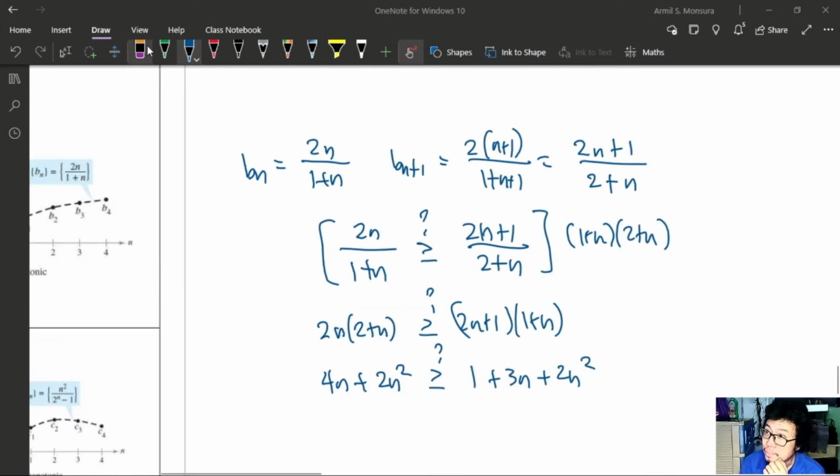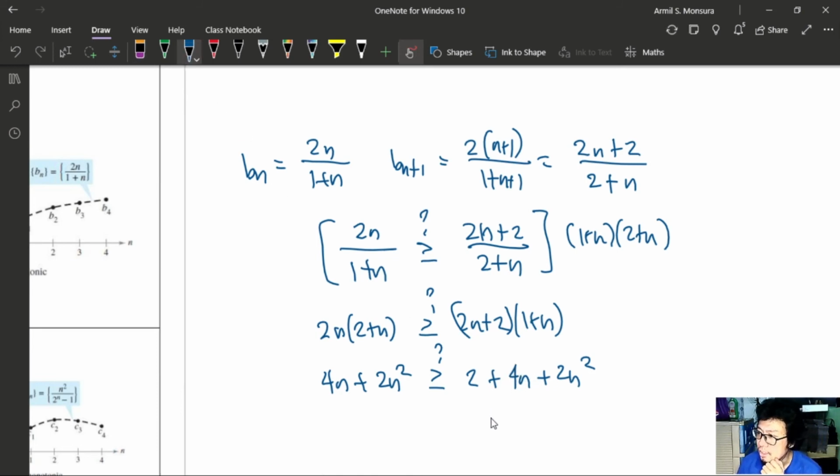Before I proceed, let me make some corrections. This is 2n plus 2, so this is also 2n plus 2. So this becomes 2n plus 2 plus 2n squared plus 2n, which is 2n squared plus 4n plus 2.